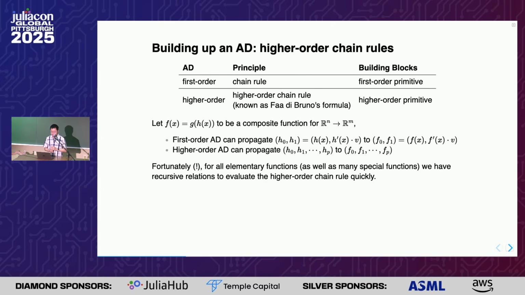Fortunately, for all the elementary functions as well as many special functions, we have some recursive computational tricks to evaluate the higher order chain rule very quickly. It is guaranteed to be at most O(n) squared and in many cases linear, which is a lot better than the exponential case we see in nested first order differentiation.